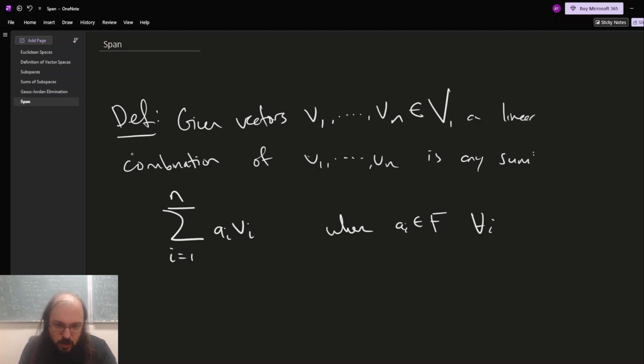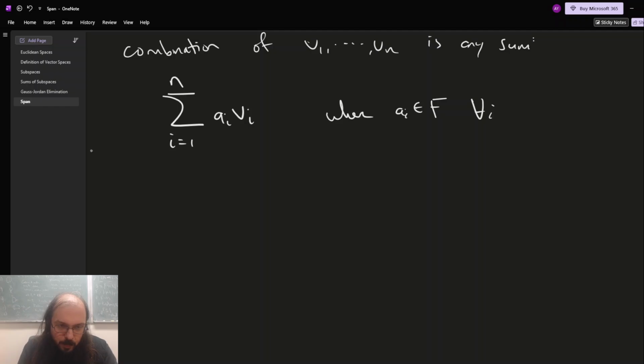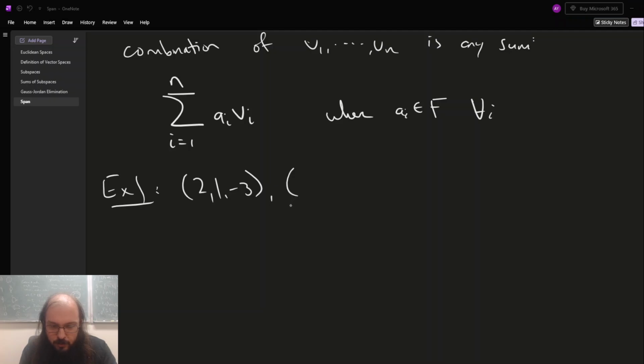So first off, let's take two vectors. We have (2, 1, -3) and (1, -2, 4). These are both vectors in, they could be in complex vectors, but let's put them in R3 just to make it easy, because they evidently have real numbers.